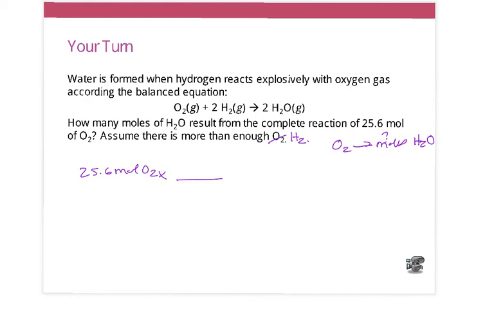We know that for every 1 mole of O2, there's 2 moles of H2O. Again, we look at coefficients, not subscripts. So 1 mole of O2 gives us 2 moles of H2O. Our moles of O2 cancel out, and we get 51.2 moles of H2O.